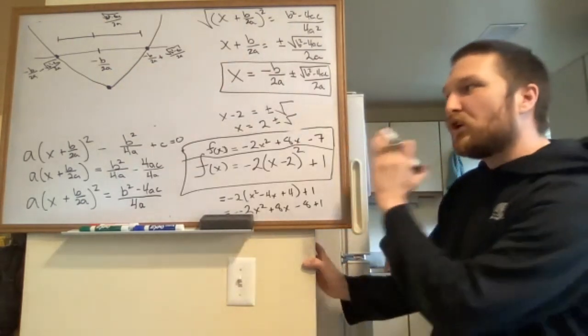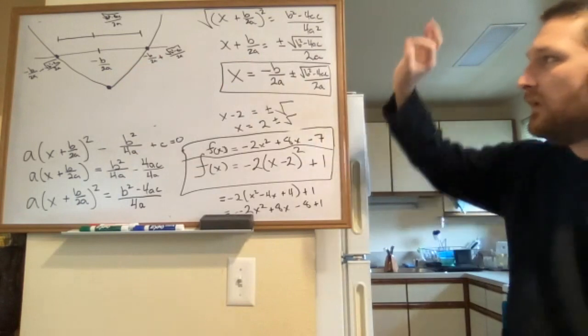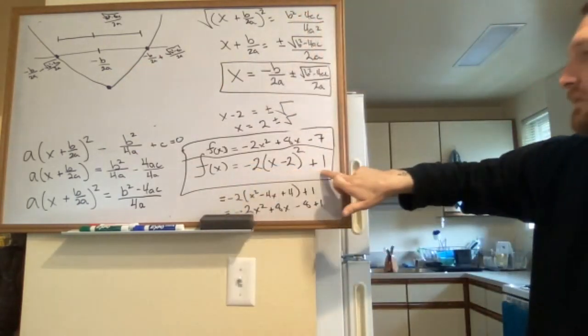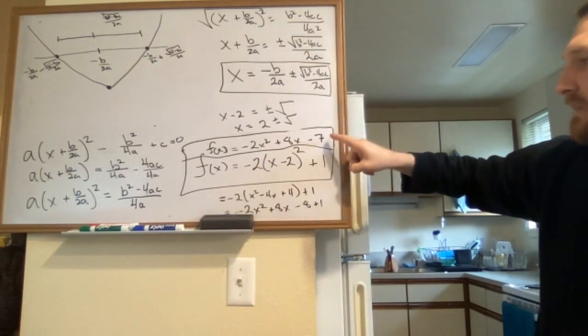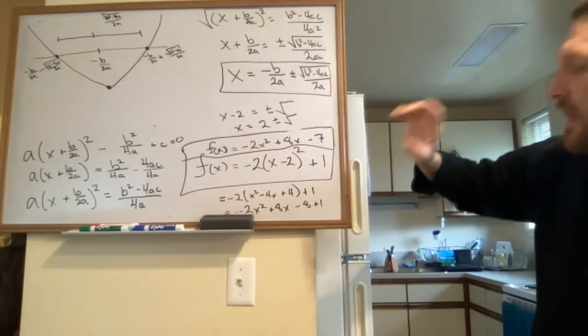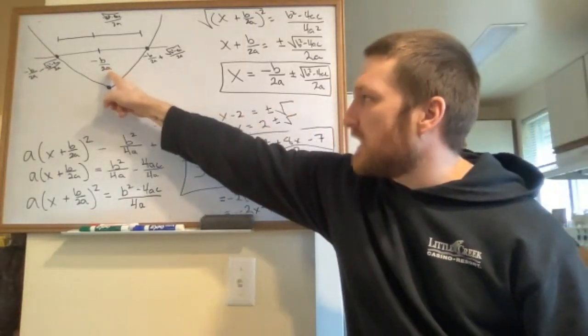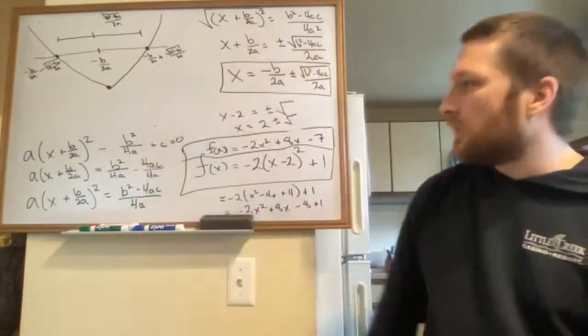So what we could have done, and this is what you're going to do in your homework, you're going to be given a vertex and a point, and you're going to have to derive this guy right there. And then from that, you can find the standard form of this. And what we're going to do is verify that this formula does indeed give you the vertex that you're looking for.